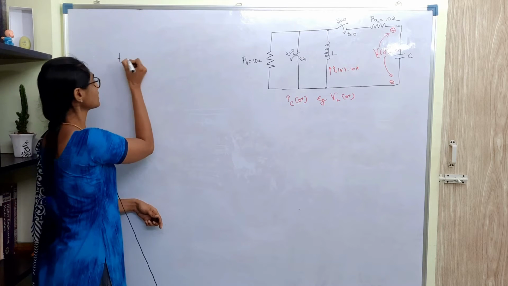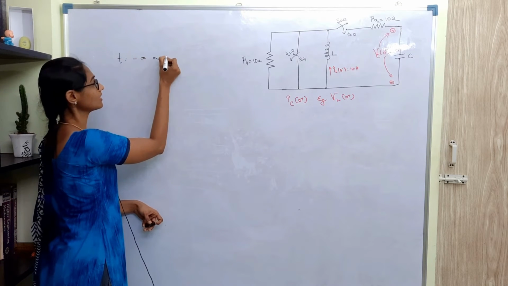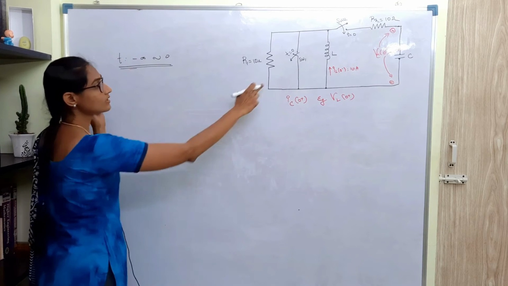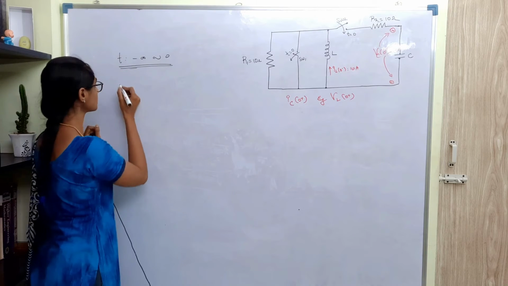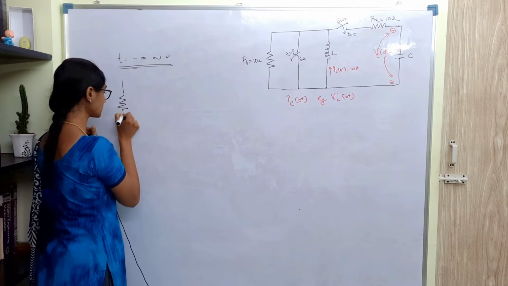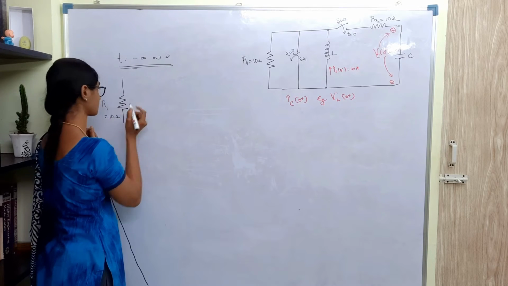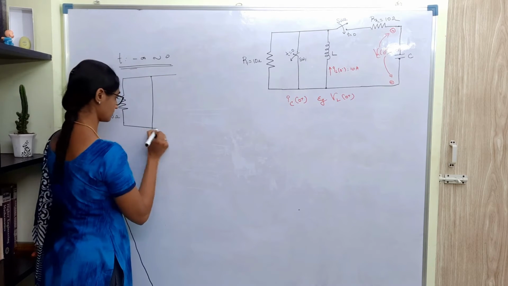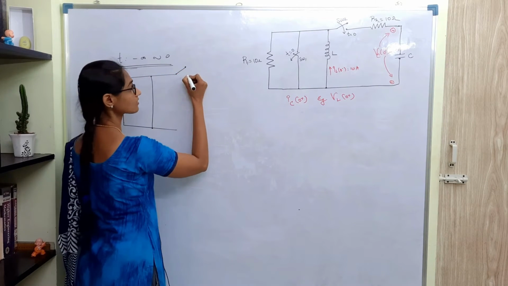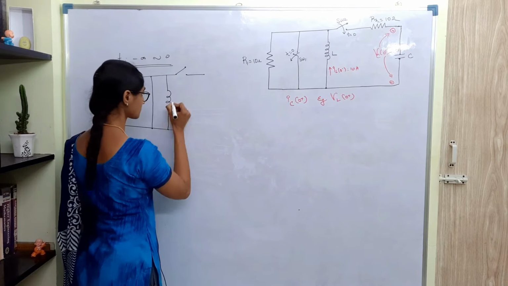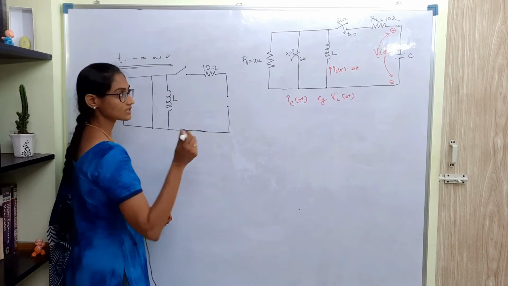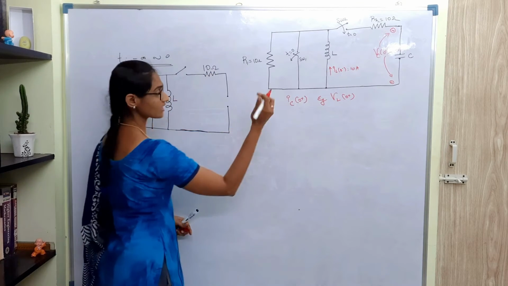From the time t equal to minus infinity till 0, this switch was in closed condition. So this resistor R1 would have been short circuited. It's given that the inductor carries 10 ampere.